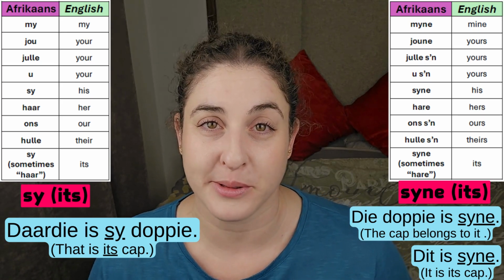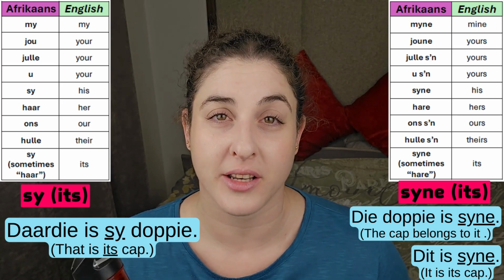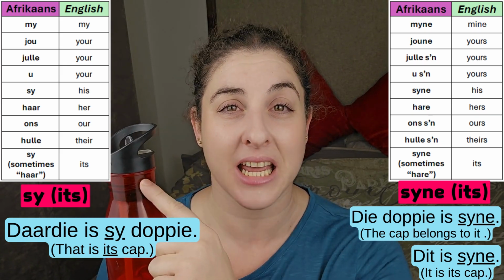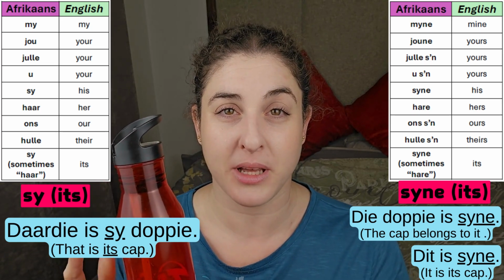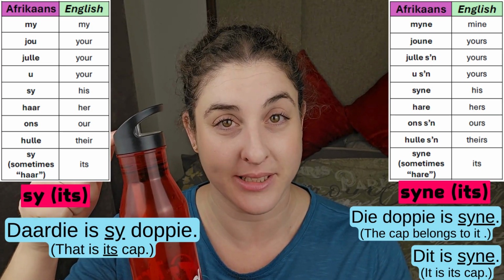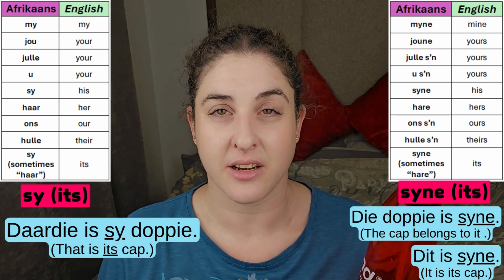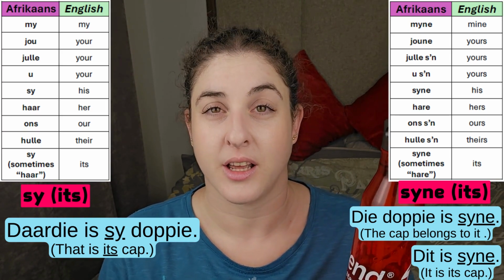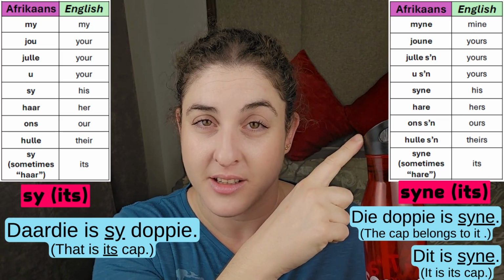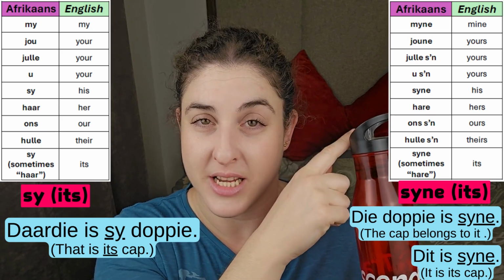So yes, water bottle is a sy or a syne. And then the example that we have, daardie, that, daardie is sy doppie. So it would be that is its cap. And then syne, it's die doppie is syne.